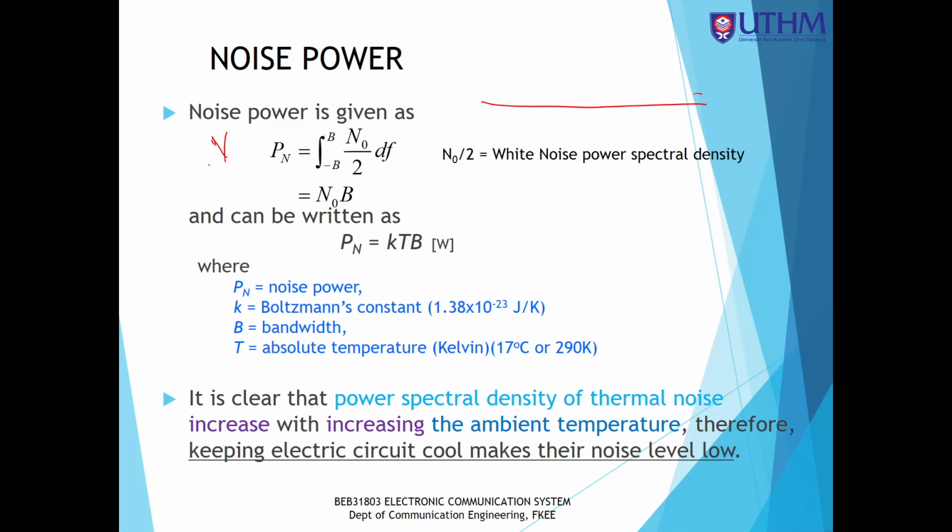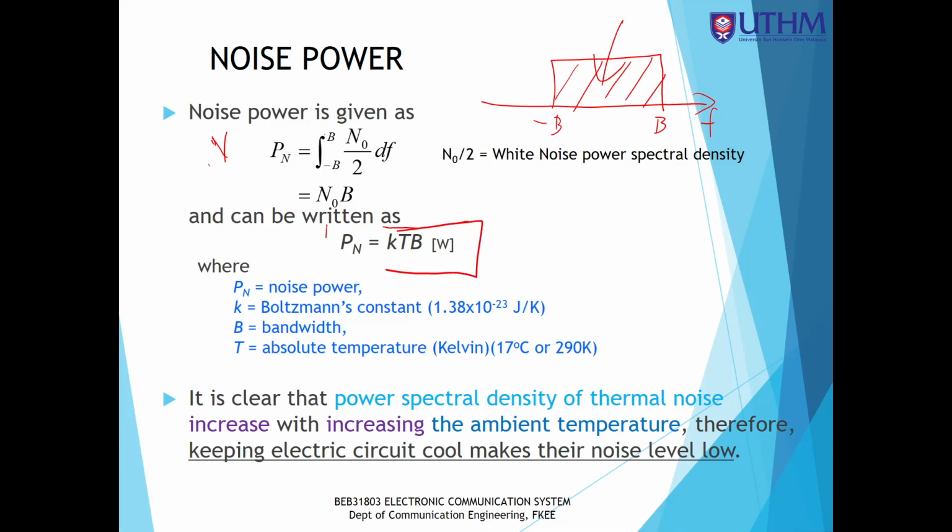If this is frequency and this is the frequency band, from minus B until B, how much is the noise power inside the bandwidth? It is equal to N0 multiplied with B, or you can also write it as KTB.